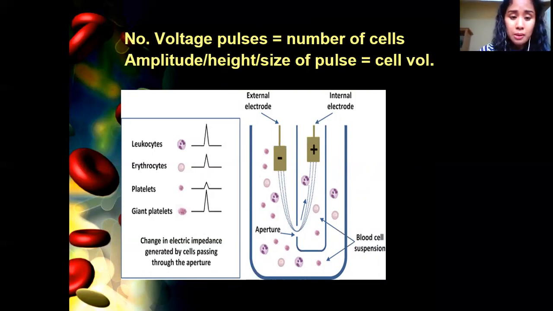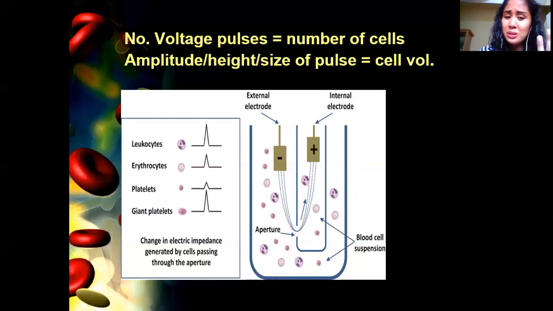So look at this image. Leukocytes and giant platelets tend to have a higher pulse. This means the machine cannot detect a specific cell based on what it looks like.